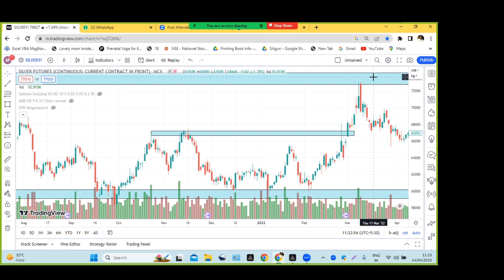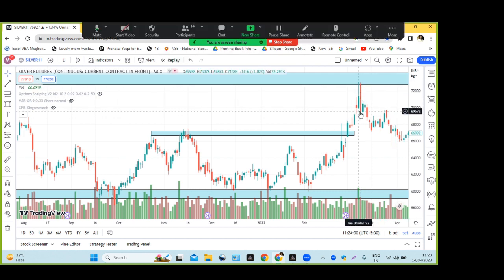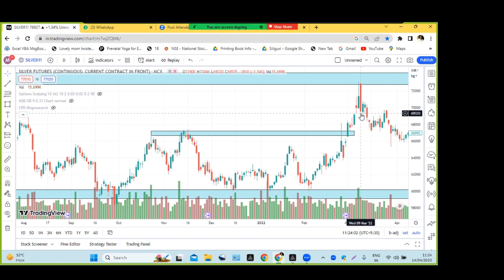Now see this candle. This is a very beautiful candle, this red one. What do you understand after seeing this red candle? What is coming into your brain? This has reacted on the zone. A very big candle engulfs these two candles.